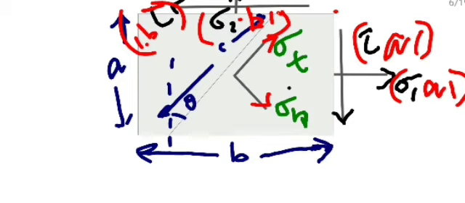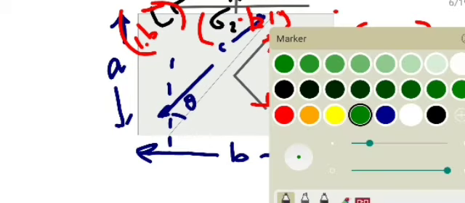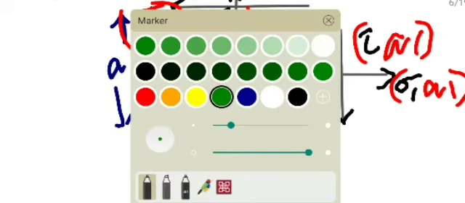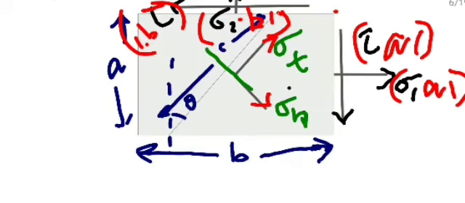Since we have already used the term tau, I have just named this as tau t. Now along the perpendicular, sigma n, converting that to force, we have sigma n times C times 1.